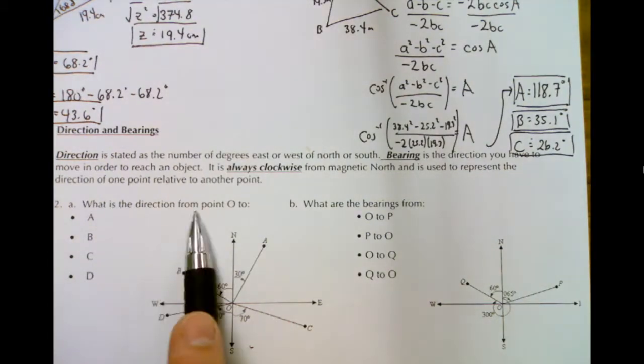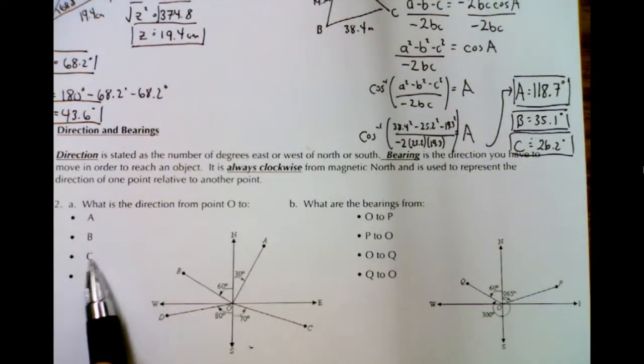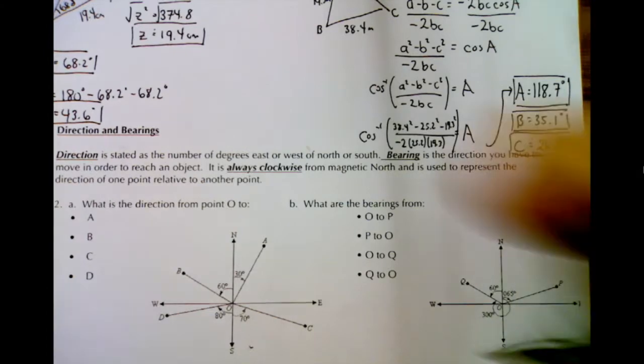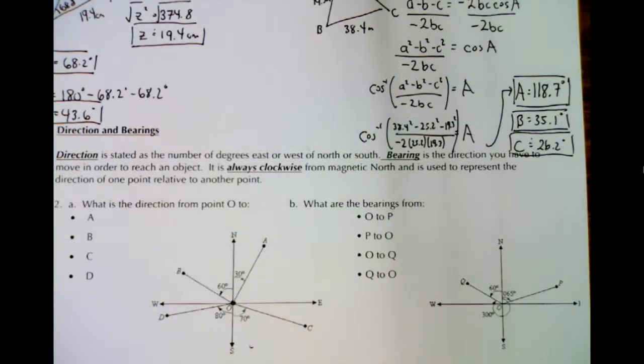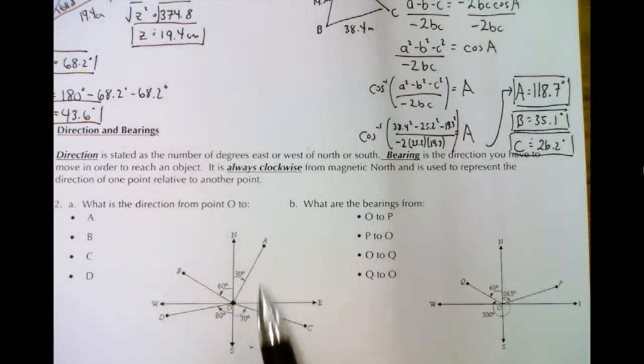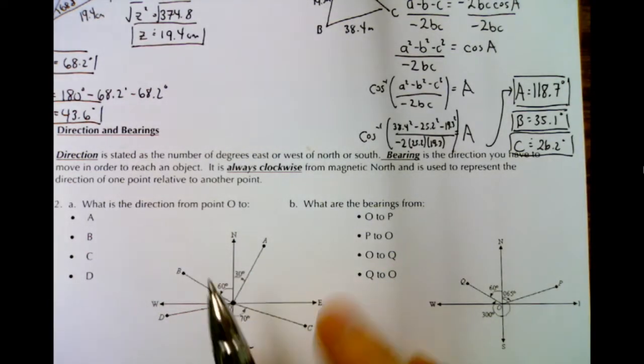What is the direction from point O to A, B, C, and D? Well, O is right here. And you always start writing a direction by whether the point is closer to north or south. So in the case of point A, it's closer to north than it is to south because it's going up.